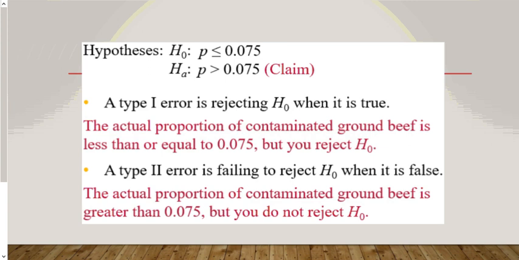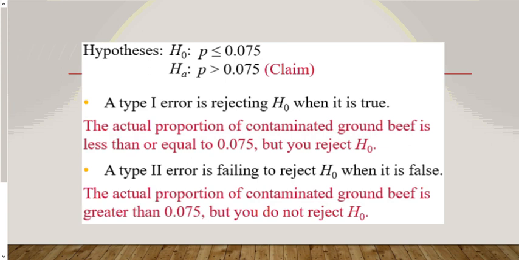So the ramifications of that is that a lot of people could get sick and possibly die. You wouldn't do the recall. And so in a case like this, a type 2 error would be much worse. Death is worse than losing some money. Hopefully we all agree with that.